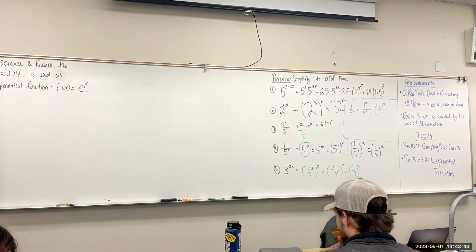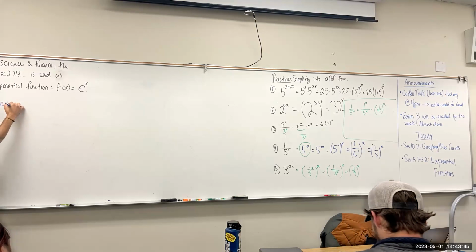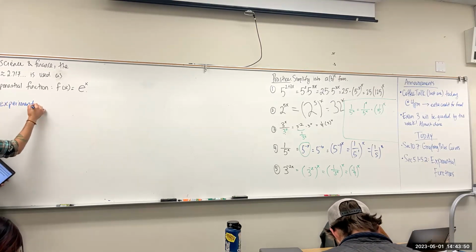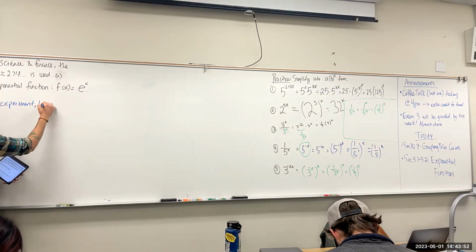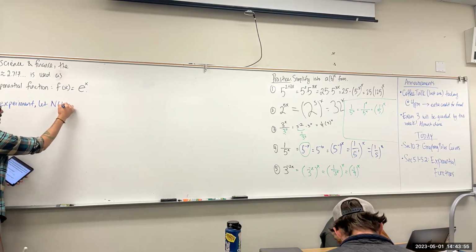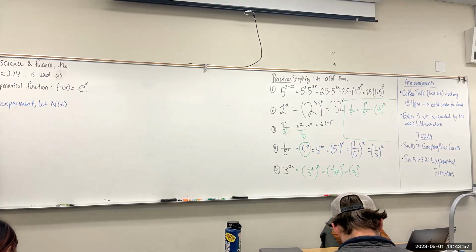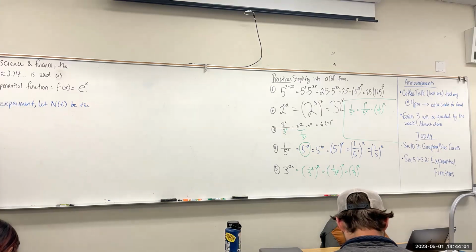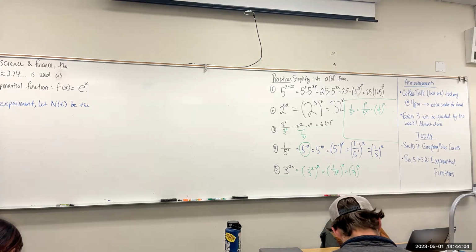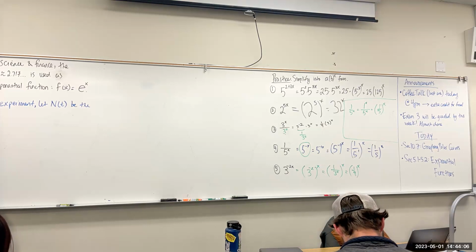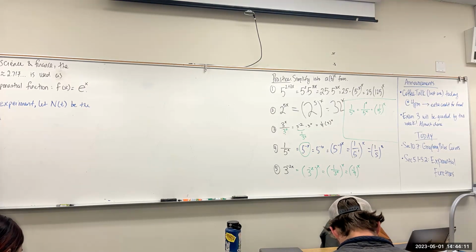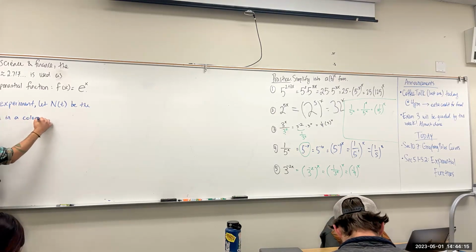So in a biology experiment, we're going to let n of t, just some function in terms of t, be the number of bacteria in a colony after t hours.